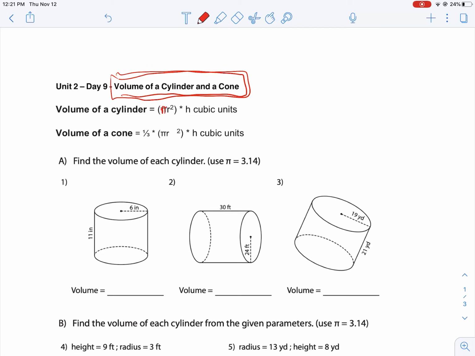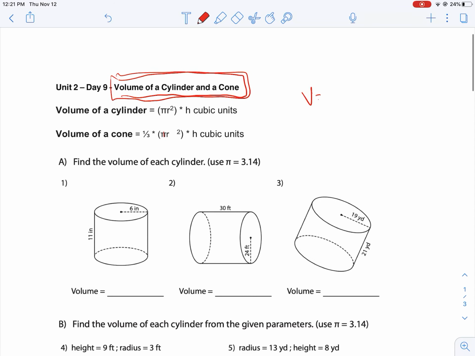This is the pi. As you can see, our equations are pi r squared times the height. So we're finding our base, in this case our big B, which is pi r squared.